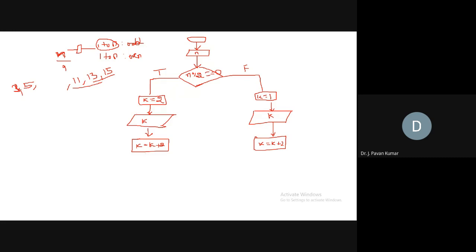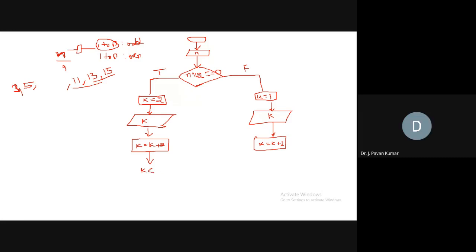But up to what extent do we have to repeat this process? After incrementing the k value by 2, up to n. So that condition we have to check. Yes or no? After incrementing the k value, we check the condition. What should the condition be?